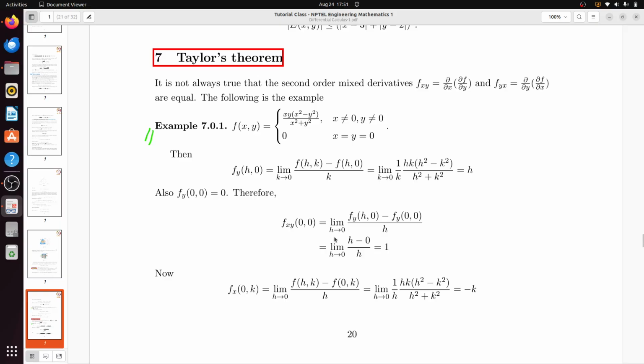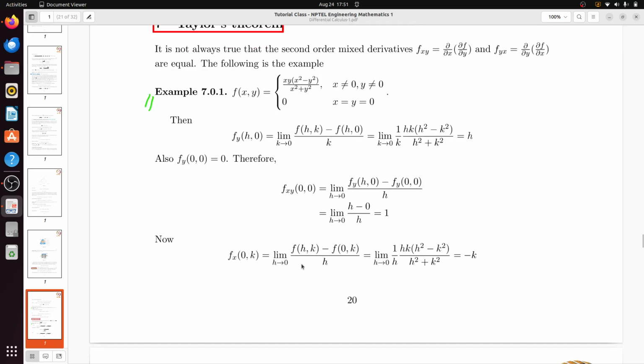Therefore fxy(0,0) will be the limit as h tends to 0 of (fy(h,0) minus fy(0,0)) divided by h. So h minus 0 divided by h will be 1. Now fx(0,k) is the limit as h tends to 0 of (f(h,k) minus f(0,k)) divided by h.